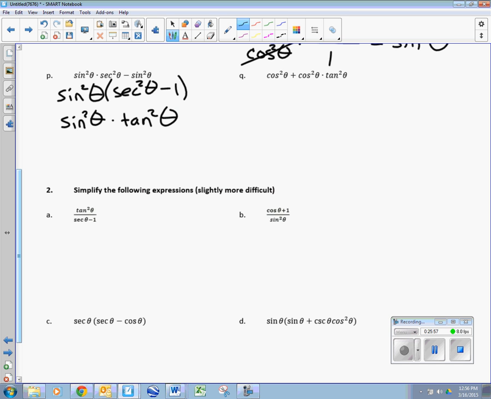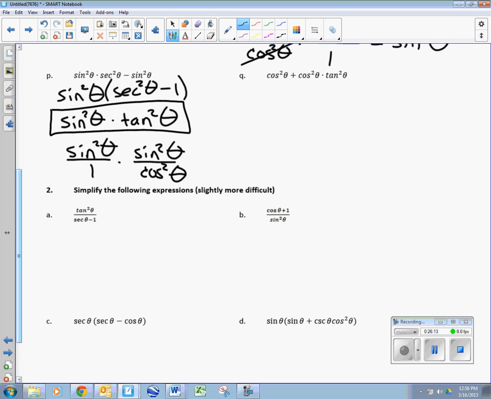I'll try to rewrite that in terms of sine and cosine to see if something else cancels. Anything going to cancel? No. So I just stop here. That would be the most simplified result. You can see how I get a sine to the fourth over cosine squared. This is as good as I can do.